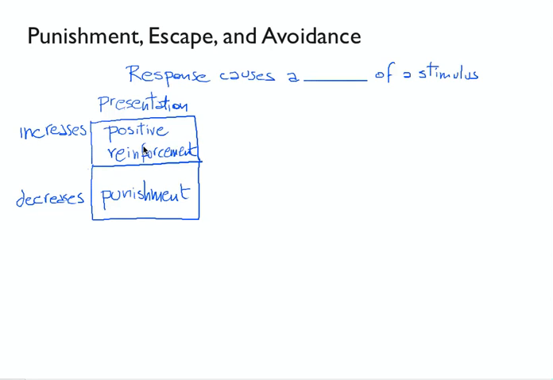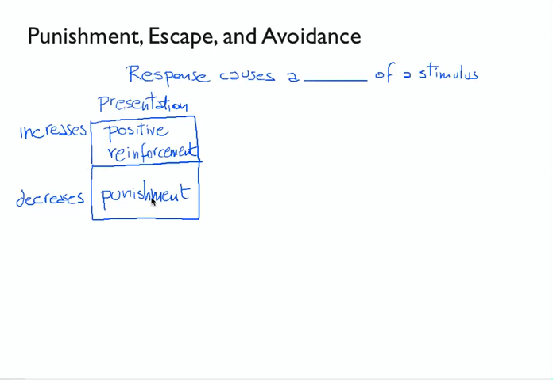It's not that it's good, it's not that it increases the behavior. In fact, punishment decreases behavior. It means that the response results in a presentation of a stimulus. So oftentimes punishment may be called positive punishment in that sense.